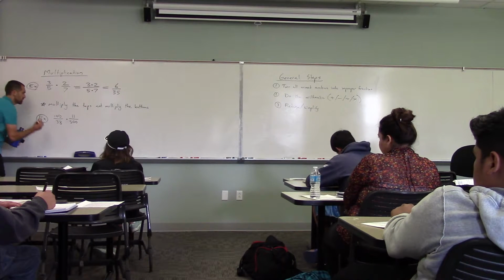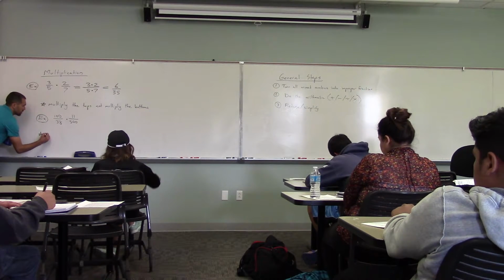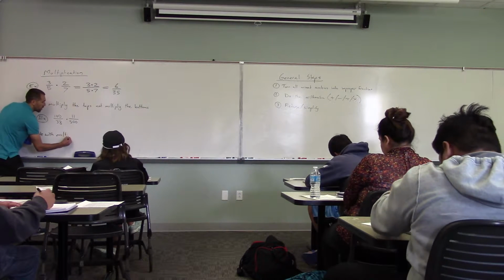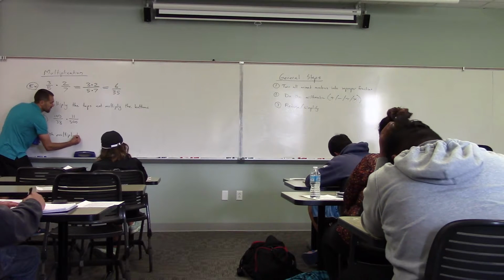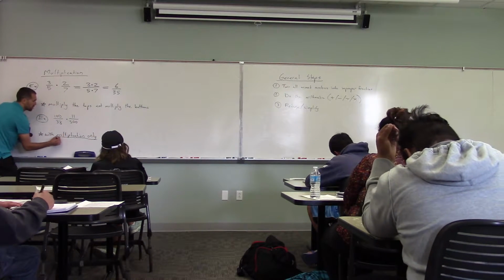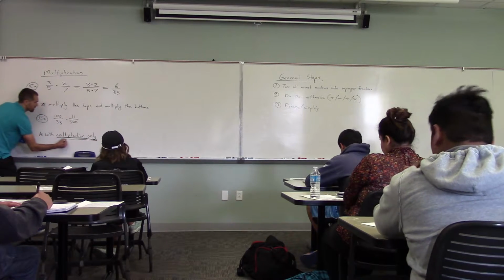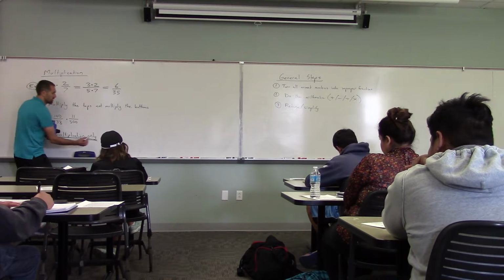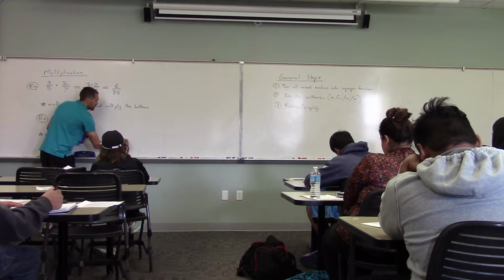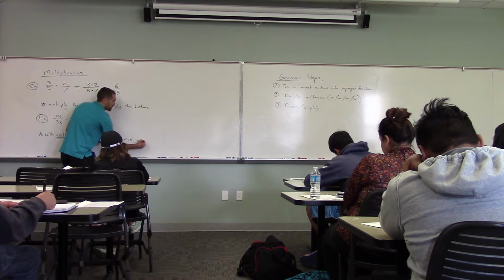The thing I want you to be careful about is that this is with multiplication only. I say that over and over because that's going to be a source of error. But with multiplication only, you can cancel anything on top with anything on bottom.